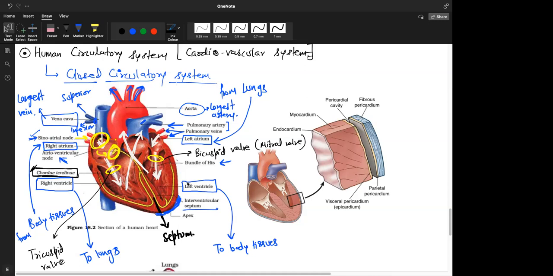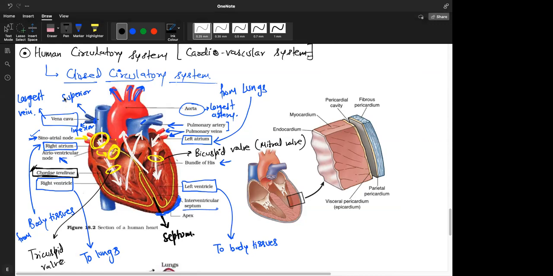So chordae tendineae also have one more major function, which was asked in the entrance exam. Apart from keeping the valve in its right place, chordae tendineae do not allow it to open in the reverse direction. Because remember I told you, tricuspid means three flaps and bicuspid means two flaps.